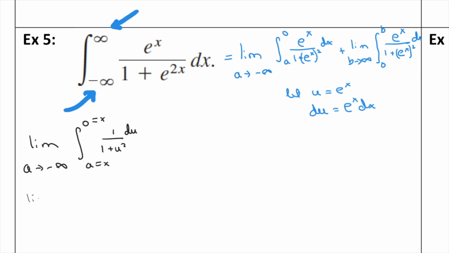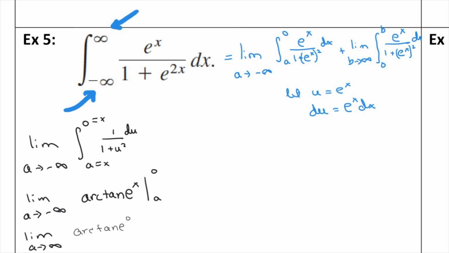So we keep the limit as a goes to negative infinity. We have the arctan of e to the x, and this is going to be evaluated from a to 0. Keep your limit, a goes to negative infinity. We have the arctan of e to the 0 minus the arctan of e to the a.